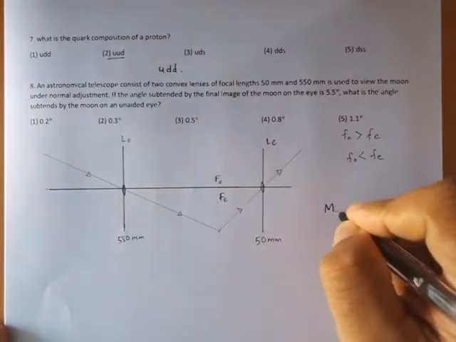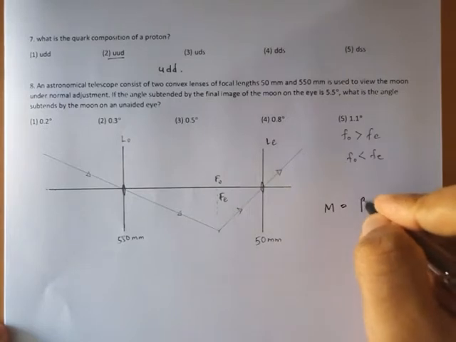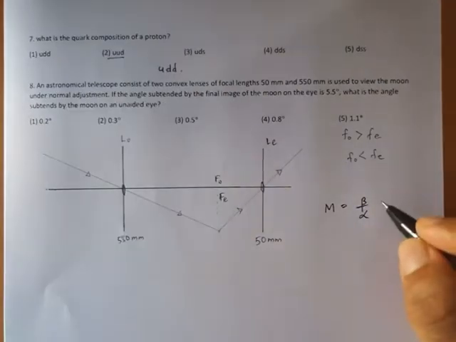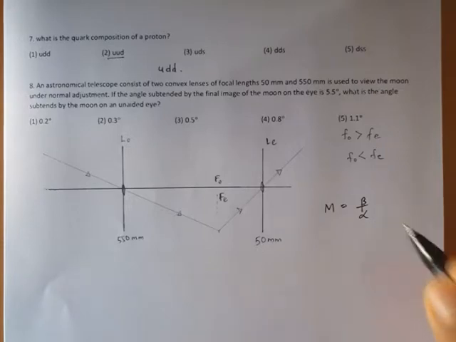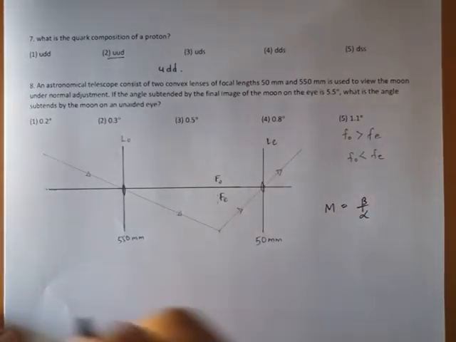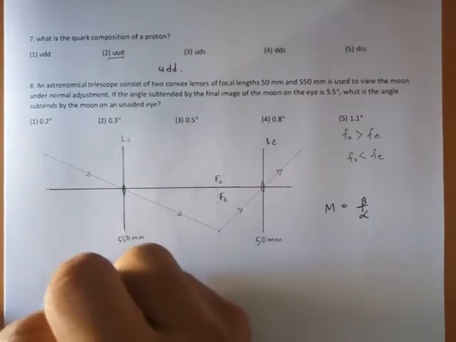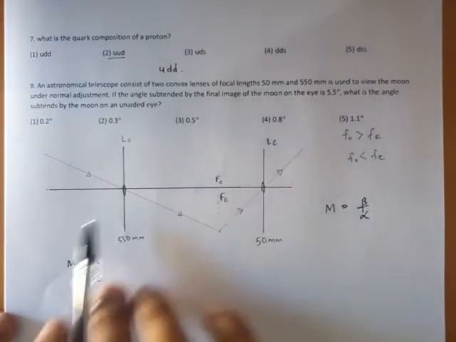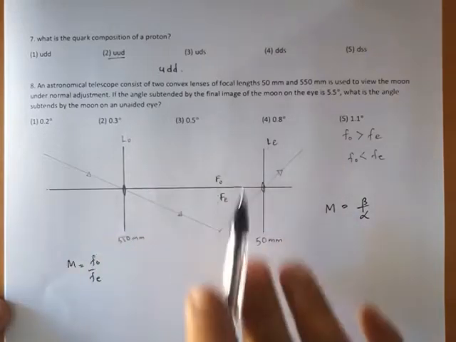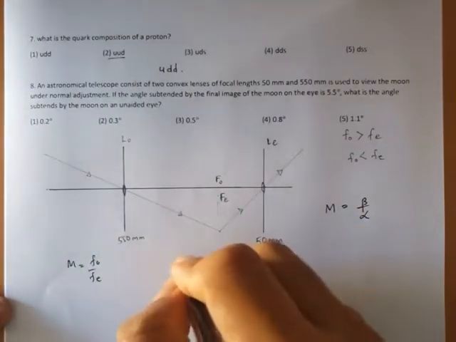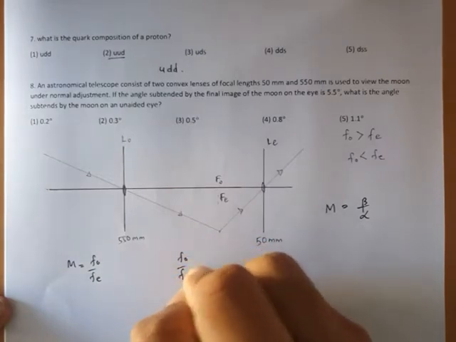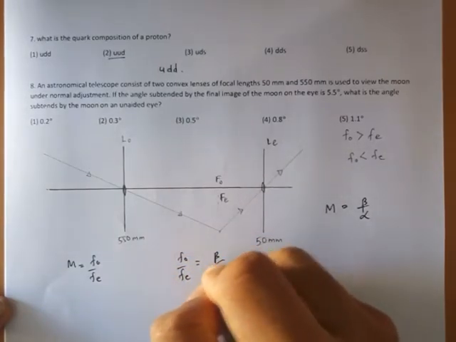So angular magnification is beta over alpha, where beta is the angle subtended by the final image of the object and alpha is the angle subtended by the object on the unaided eye. And also we can show that m is equal to f naught over fe for a telescope under normal adjustment using simple geometry. So from these two equations I can write f naught over fe equals beta over alpha.